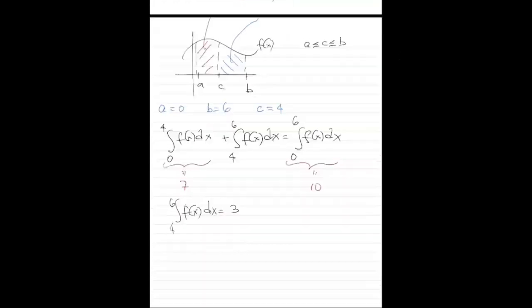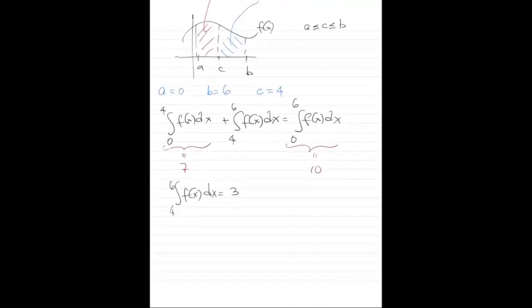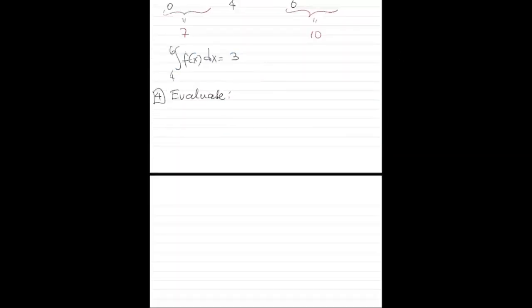Okay, so next problem, number 4, evaluate. It has 3 parts. A is the integral from 0 to pi over 2 of d dx of sine of x over 2, cosine x over 3, dx.